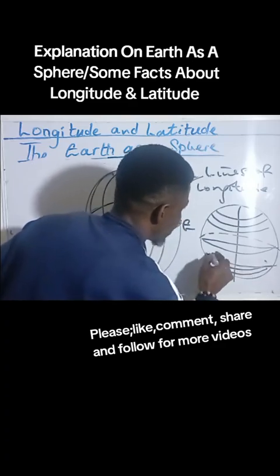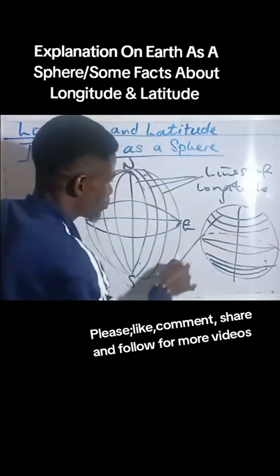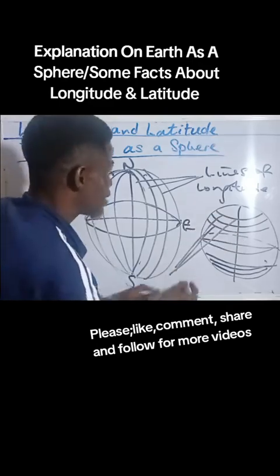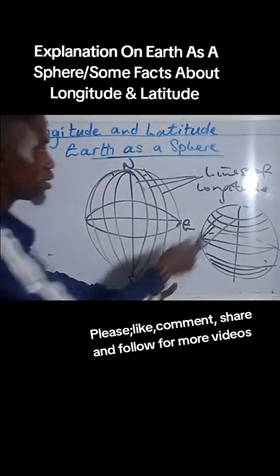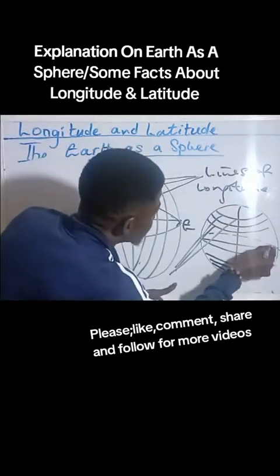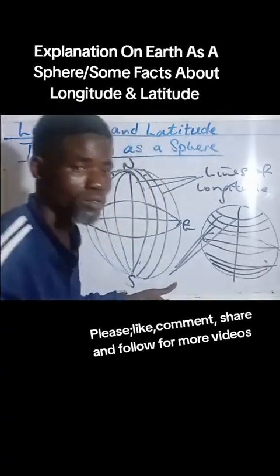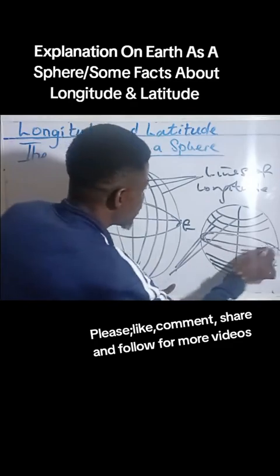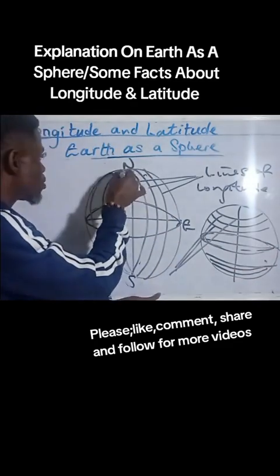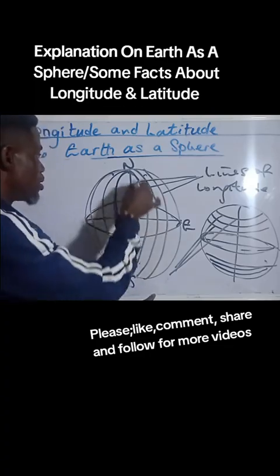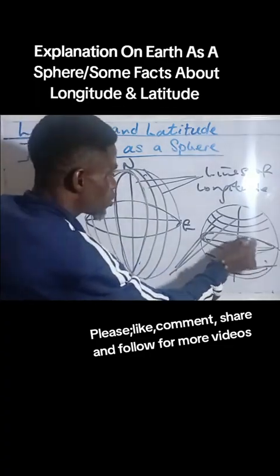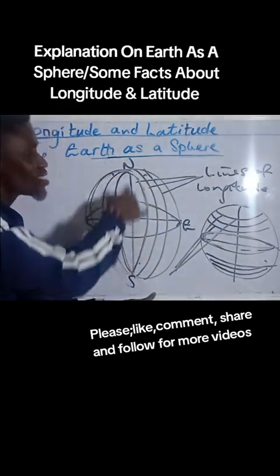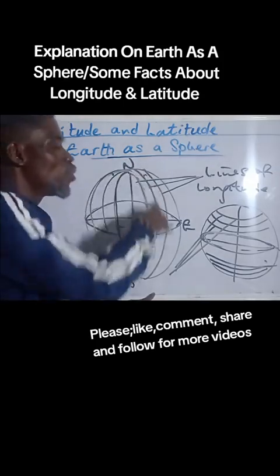So all this line we have here, they are small circles. We call them small circles, except the equator, which is the great circle. Therefore, this equator here is the great circle, the same as lines of longitude.